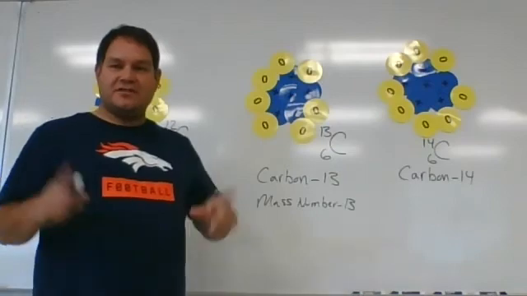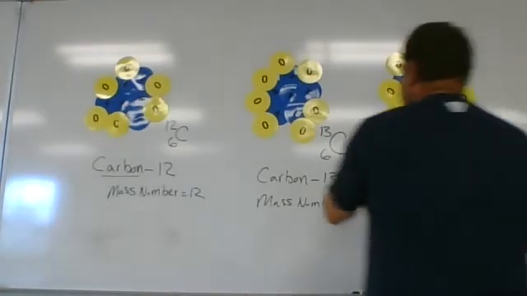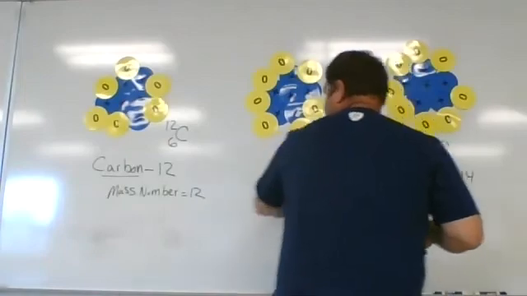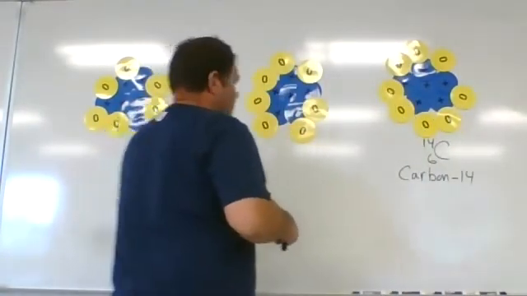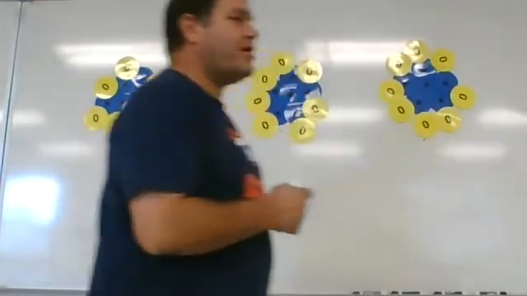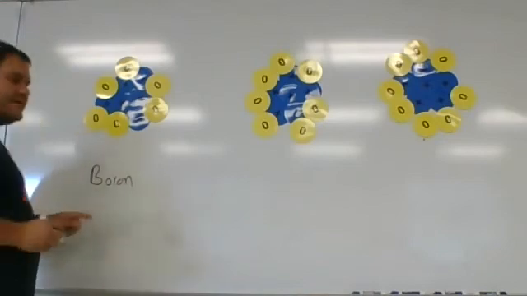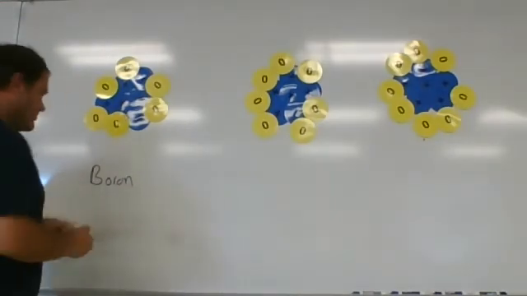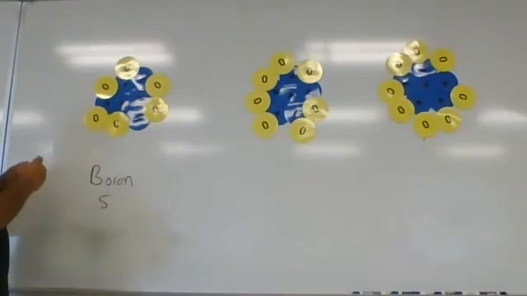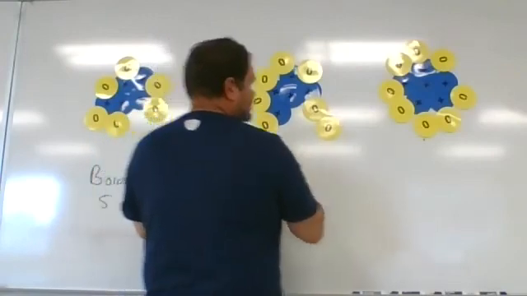All right, let's do one more example. Let's do one you haven't seen yet. Let's do boron. Boron only has an atomic number of 5, so it has one less proton in its nucleus.